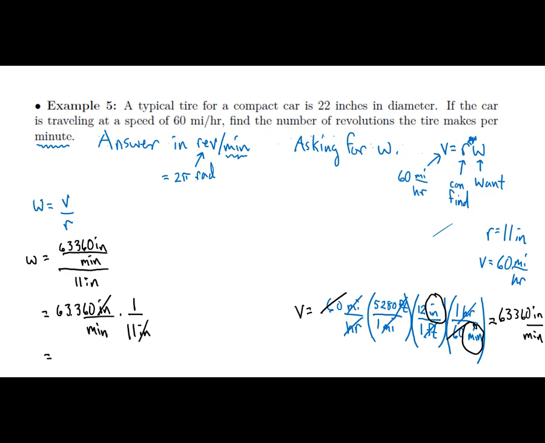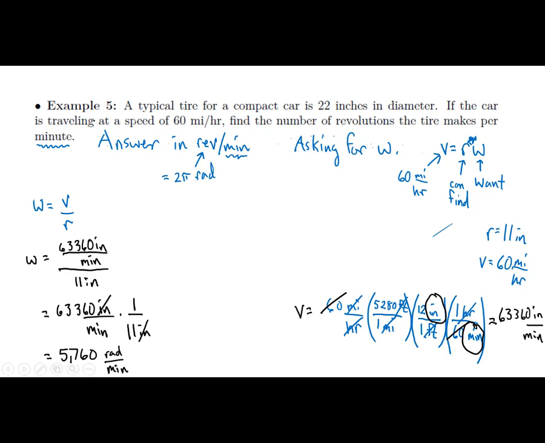So when I divide 63,360 by 11, I actually get another nice number, 5,760. And again, radians are unitless, but I think it's helpful to go ahead and write radians per minute here. All right, so I've gotten myself an angular velocity.